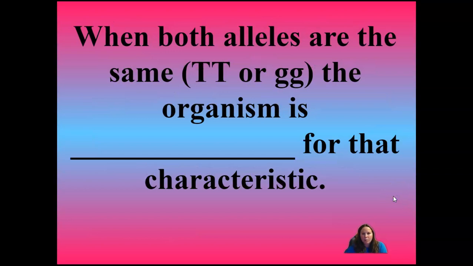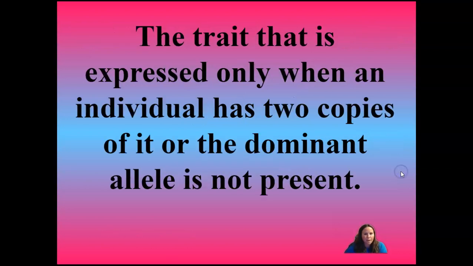Next one, when both alleles are the same, big T, big T, or little g, little g, the organism is blank for that characteristic. Answer is homozygous. The trait that is expressed only when an individual has two copies of it, or the dominant allele is not present. It's a recessive trait.